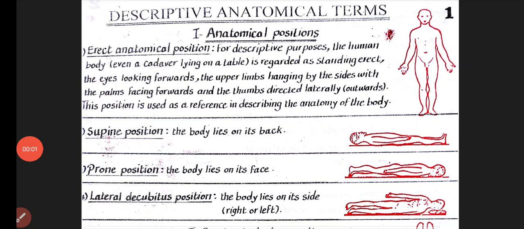Hello student. Today we will study the general anatomy and anatomical positions of the body, with the terminology used in anatomy.